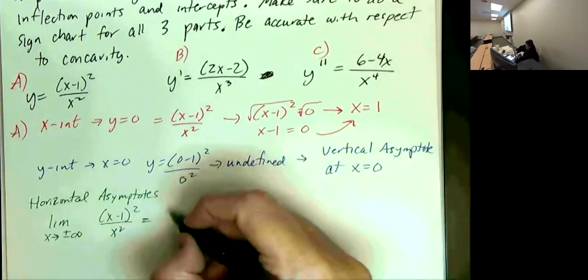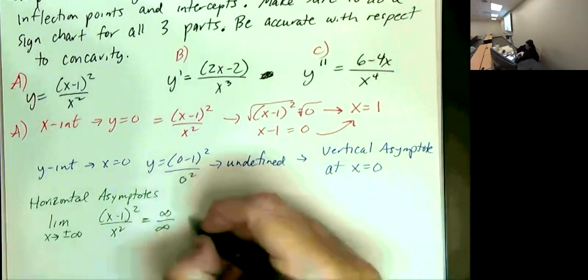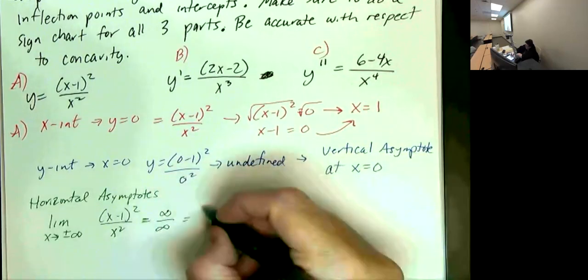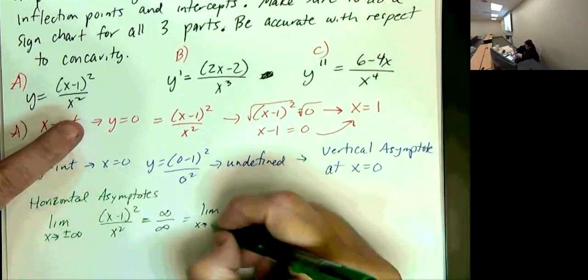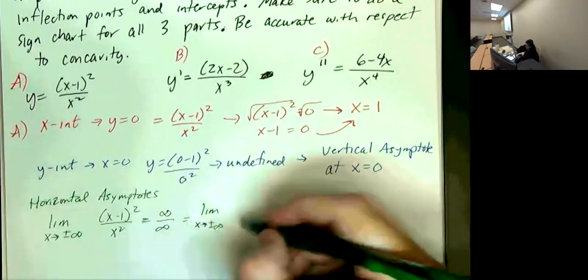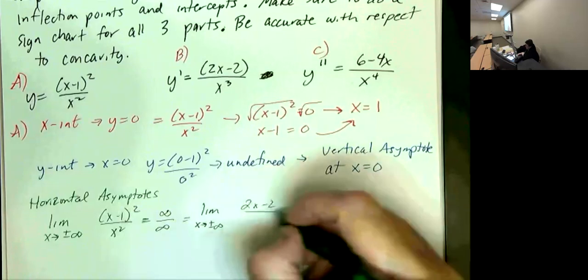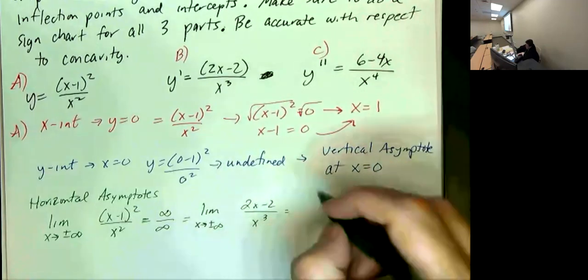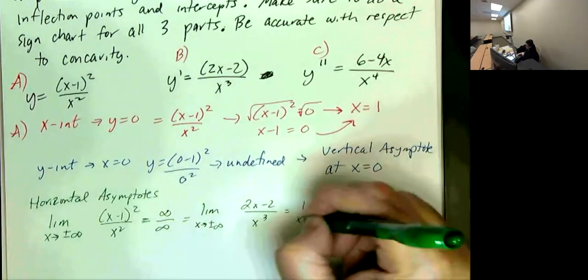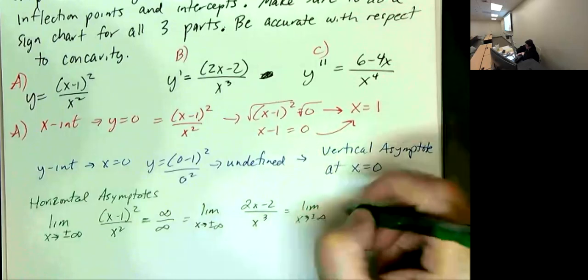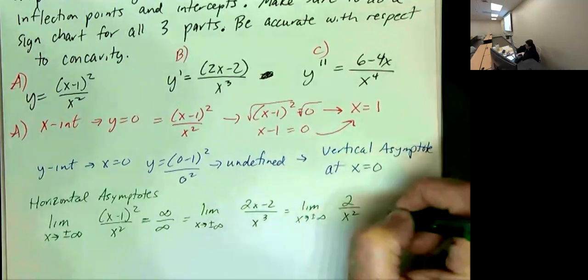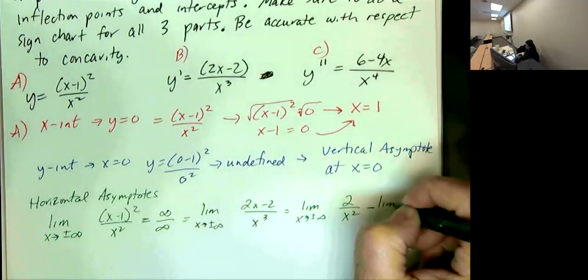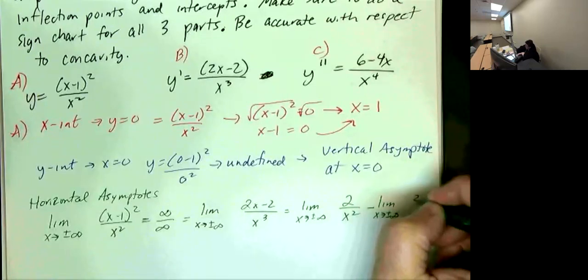You can recognize that this is a L'Hopital scenario. So you can take the derivative, and you already have the derivatives listed. Here, I'm just going to break it up. 2x over x cubed becomes 2 over x squared. And this is 2 over x cubed.